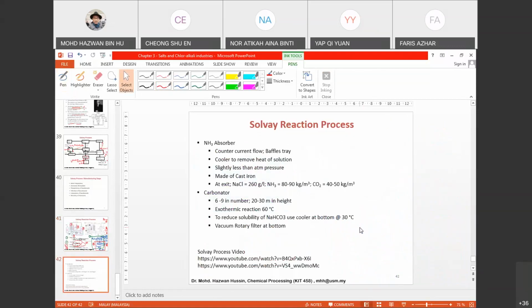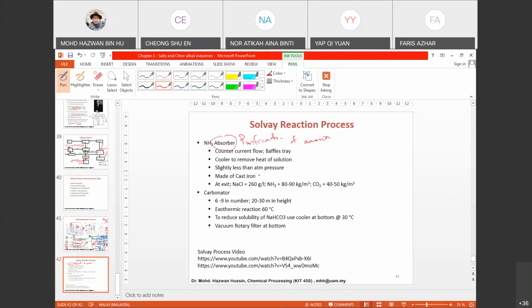Before we go to the last slide, the last slide is where the purification of ammonia is covered. Purification of ammonia normally uses an adsorber. It's like a filter.